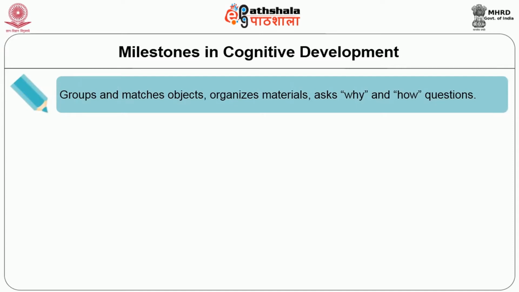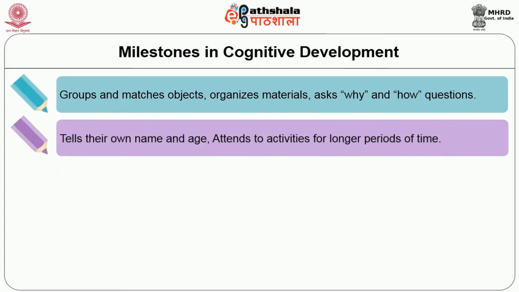For example, the child groups and matches objects and organizes material. They start asking why and how questions, like why this is happening, how this is happening, why it is so. The children start telling their own names and age and attend to activities for long periods of time.